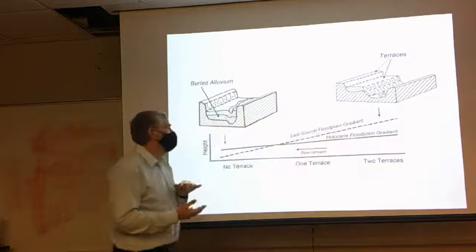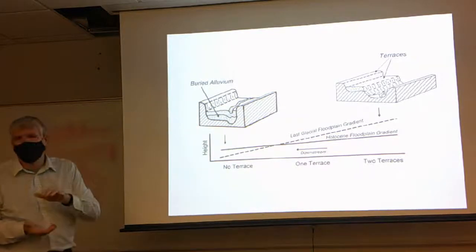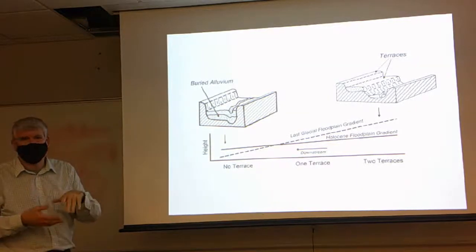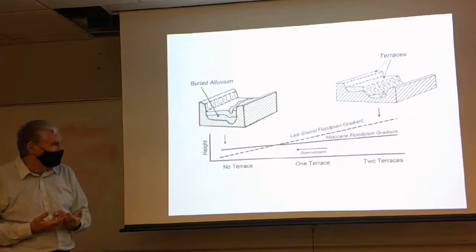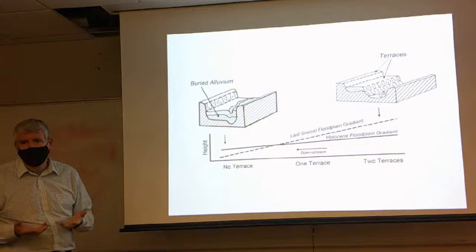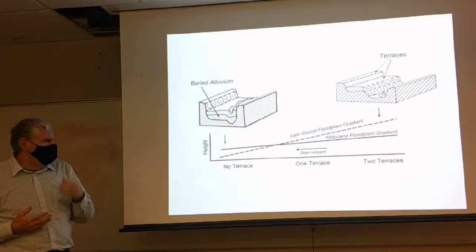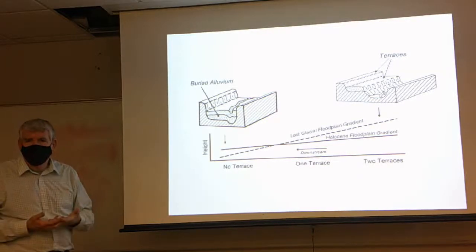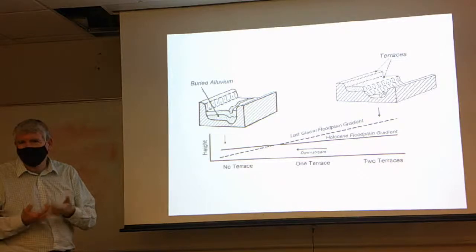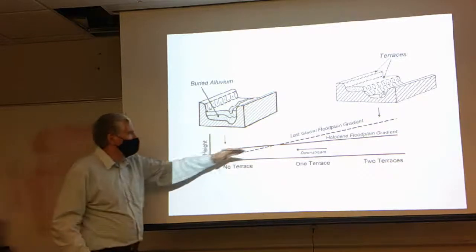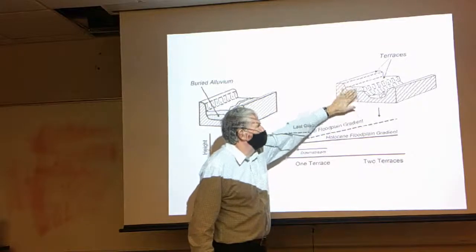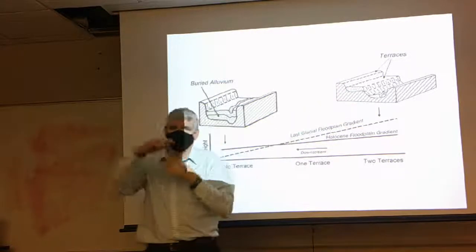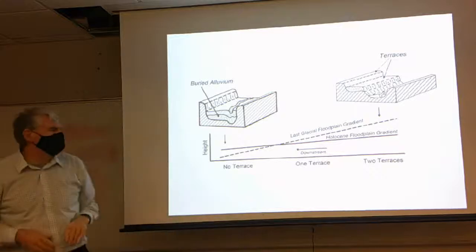In this case, it was pretty high gradient because it was associated with the last glacial episode. It was carrying lots of very large debris associated with glaciation. But then when glaciation stopped, we had a climate change. Probably lower flows and finer grained materials that didn't need those high slopes. And so it incised in this upper part and created these two terraces. So that incision was kind of episodic, occurring once and done.